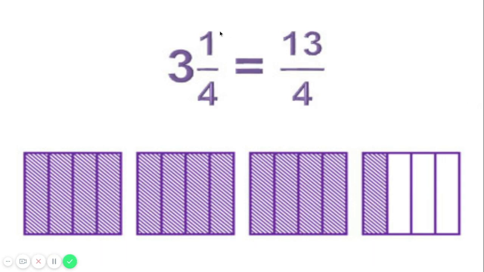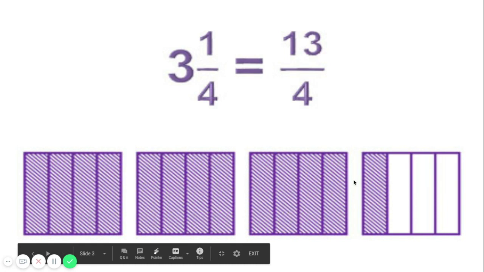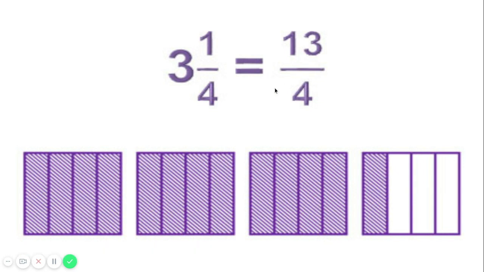This is a fraction with a whole number and a fraction that's greater than 1. And how you can show that in just fraction form is over to the right, 13/4. If we have 4 squares and each square is broken up into 4 parts, how could we show 3 1/4?